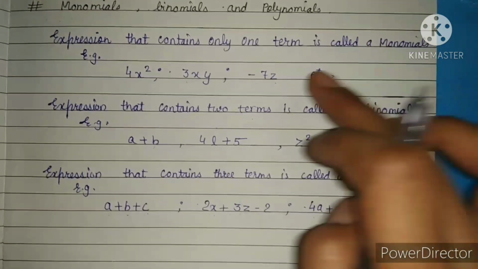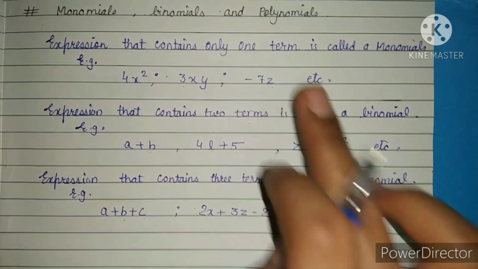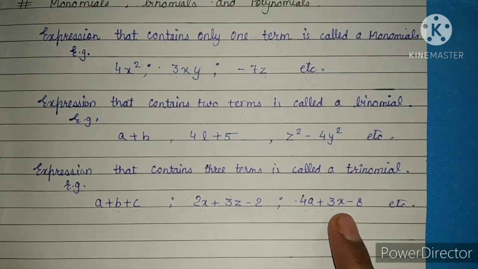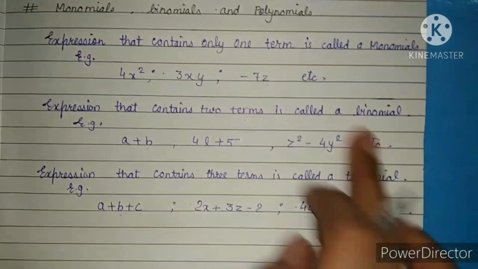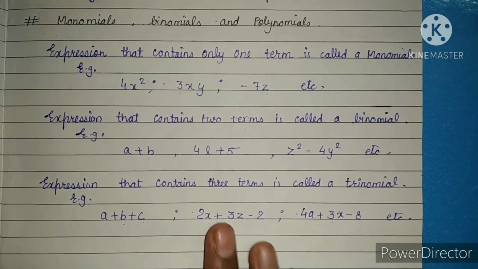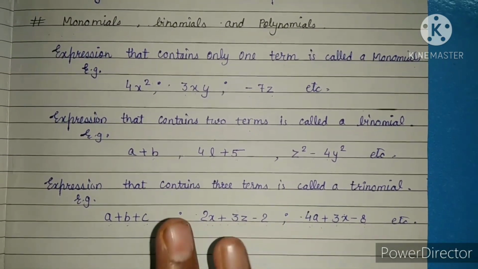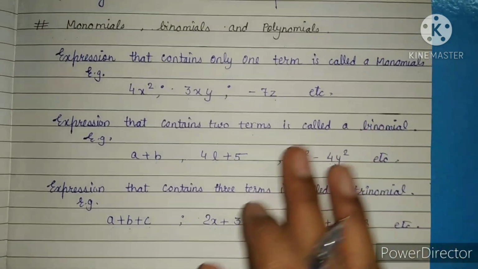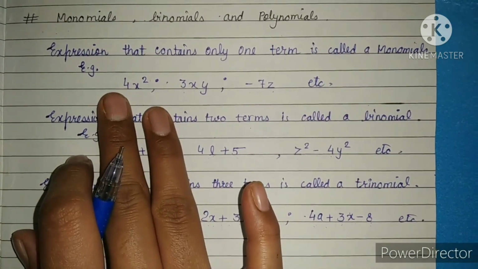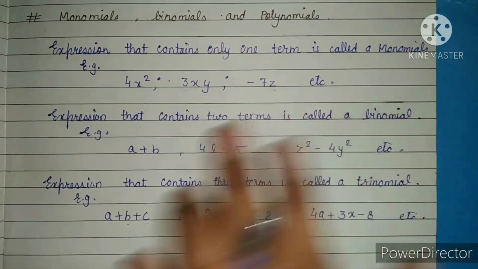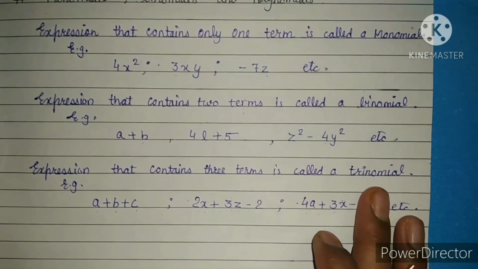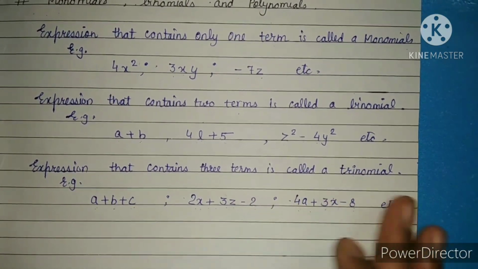But all of them are also called a polynomial. All together they are called a polynomial. But when we name them on the basis of their terms, a one-term expression is called a monomial, a two-term expression a binomial, and a three-term expression a trinomial.